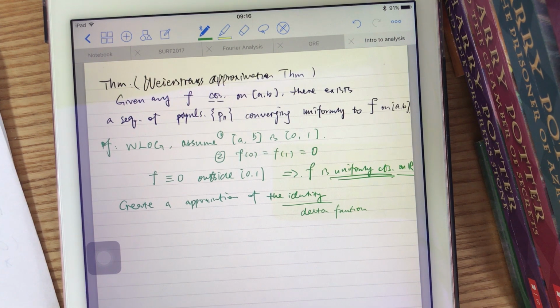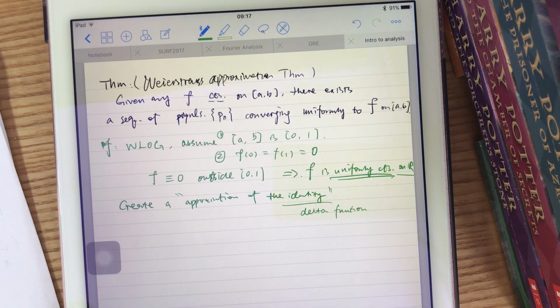Some functions are quite complicated, but with the Dirac delta function, we can easily get their value. So we are trying to approximate the function f by polynomials, which means we are actually trying to approximate the identity. So that's what we call it, approximation of the identity.